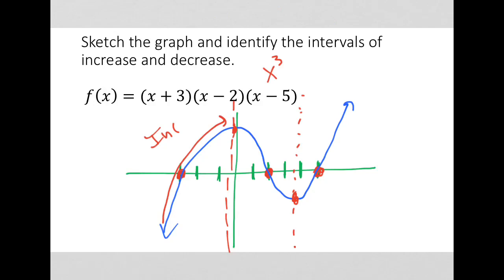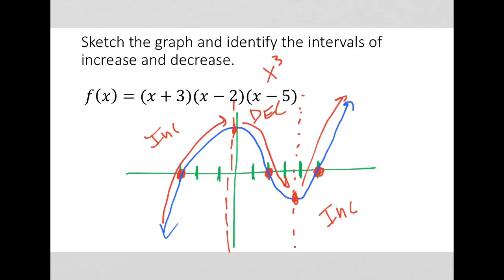This area in between the relative maximum on the left and the relative minimum on the right, that is decreasing, again because our graph is going down there as we move to the right. And then finally this last section is also increasing because we're moving up to the right.